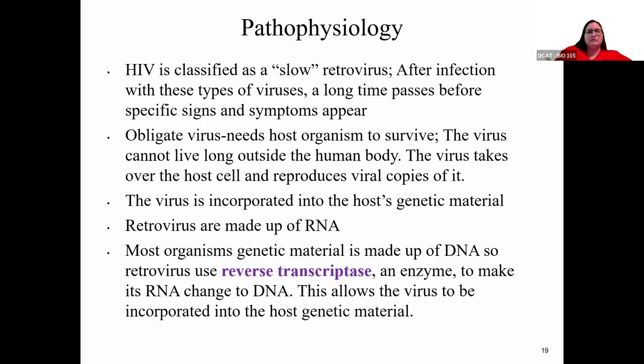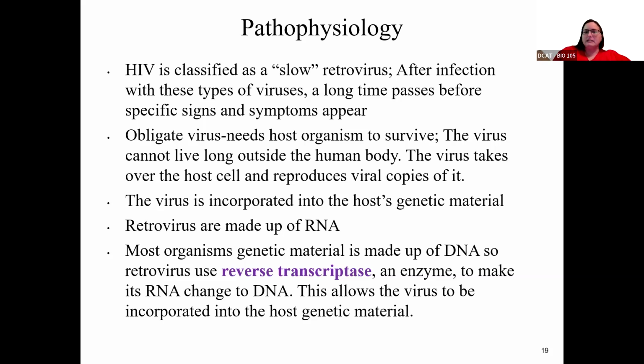After infection with these types of viruses, a long time passes before the specific signs and symptoms appear. That's the slow part. It's also an obligate virus, and hopefully you remember from test one what an obligate virus is. That means that it needs a host organism to survive.